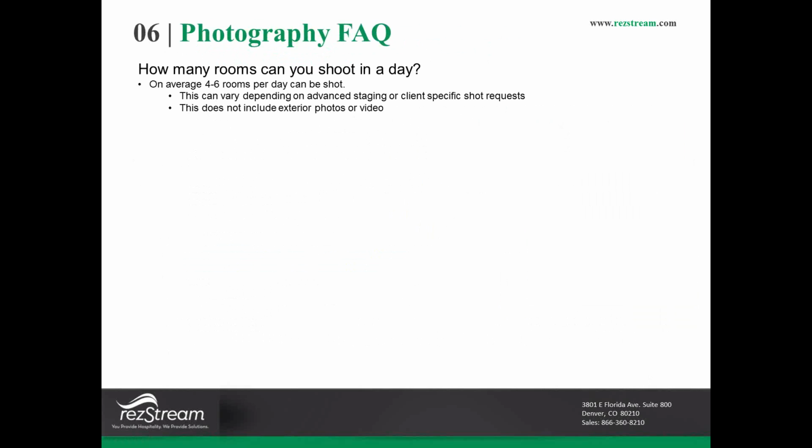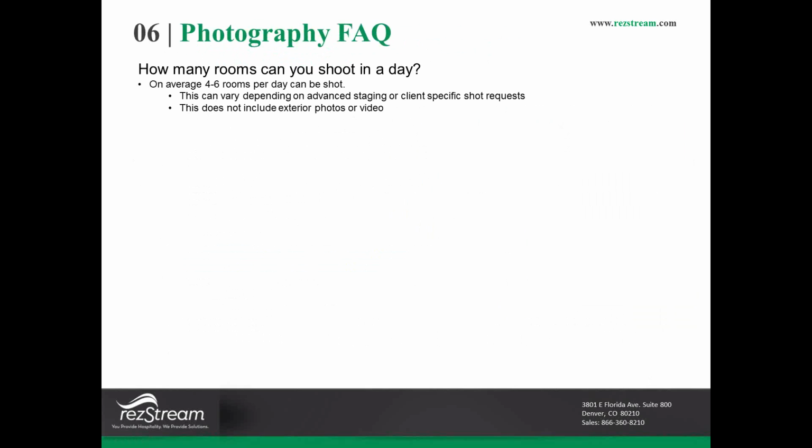Now we're going to go back into some photography questions that I get asked all the time. How many rooms can you shoot in a day? Well, on average, I can shoot 4 to 6 rooms per day. And obviously, this will vary depending on the advanced staging and the client-specific request.